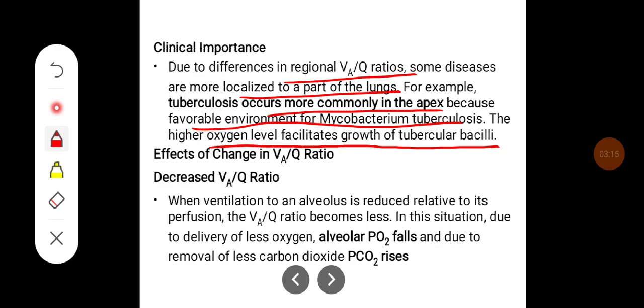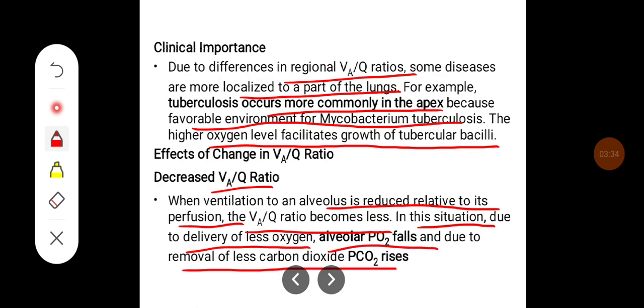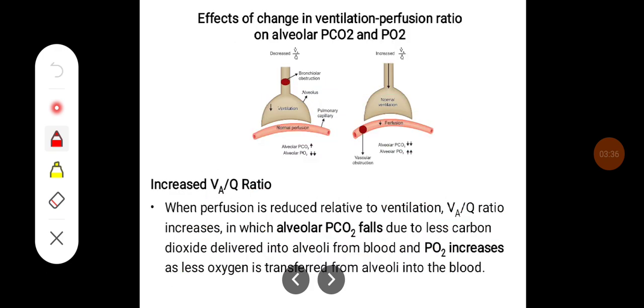So when there is a decreased V/Q ratio, when ventilation to an alveolus is reduced relative to its perfusion, V/Q ratio becomes less. In this situation, due to the delivery of less oxygen, alveolar PO2 falls, and due to the removal of less carbon dioxide, PCO2 rises.